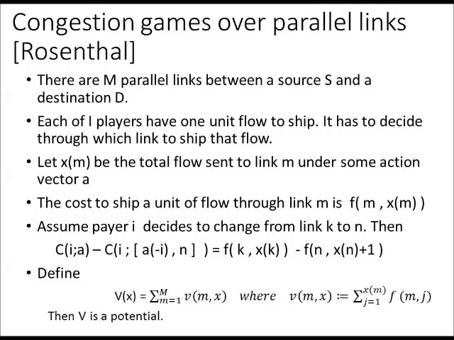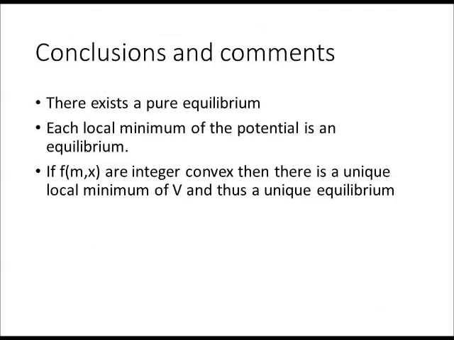It is the sum of local potentials over all the m links. For each link, the local potential is simply defined as the sum of link costs of that link, m, over j varying from 1 to the total flow under the policy A in that link, x_m.